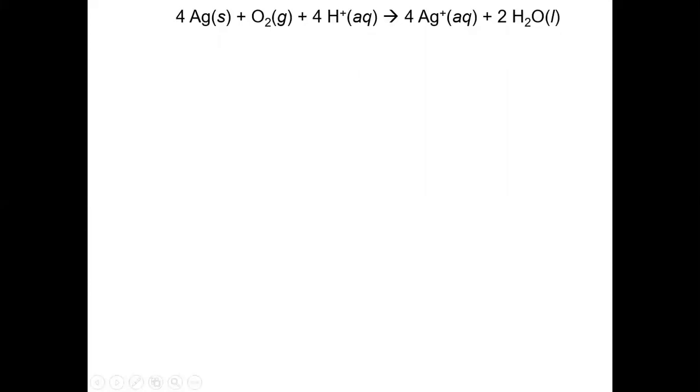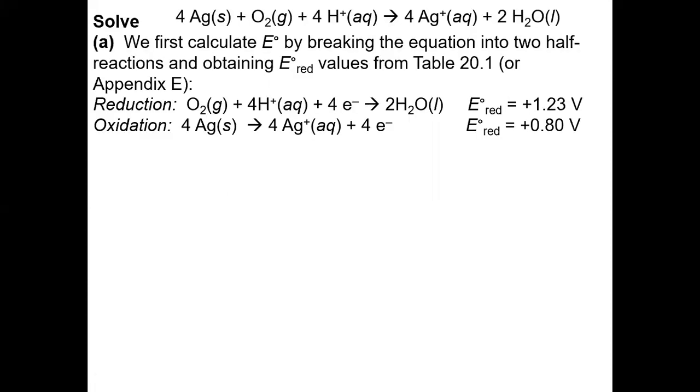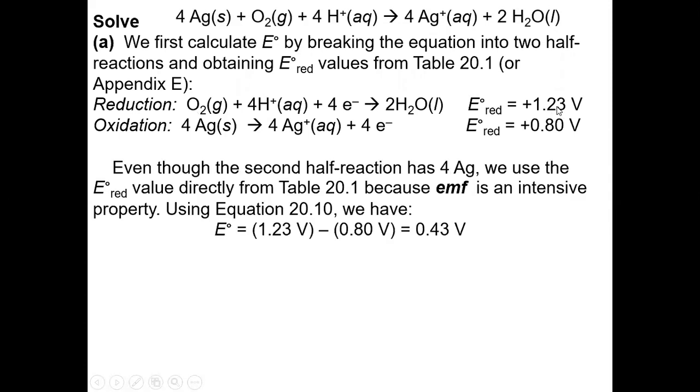So Ag will be on the anode: oxidation for the Ag, reduction for the oxygen. We have these two reactions with their E reduction at standard condition, and we use the cathode, which is the O2 reaction. So 1.23 minus 0.80 gets 0.43 volts.